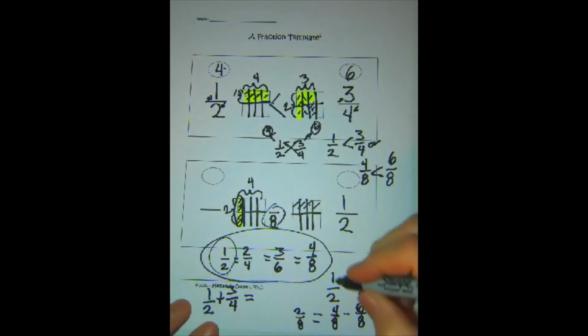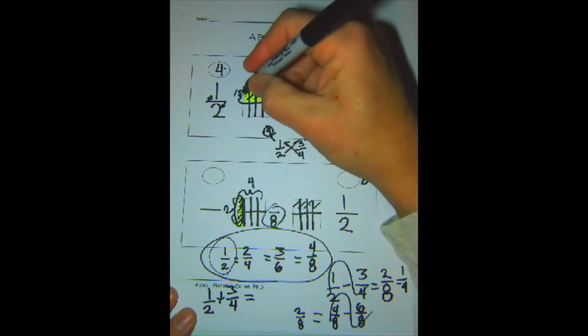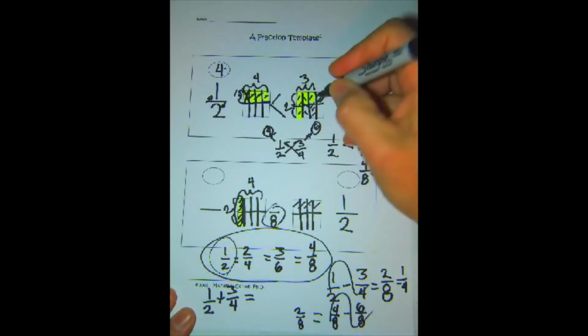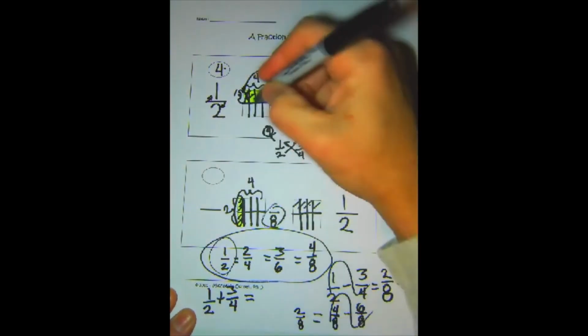Now, when we smush these pieces together, we've got 4 pieces here. We've got 6 pieces over here. So let's see what happens. I'm going to take this piece and I'm going to move it over to here. So we're just going to pretend now that I've moved that piece over to here. I'm going to take this piece and I'm going to move it over to here. And look what we've got. We've filled that whole thing up.